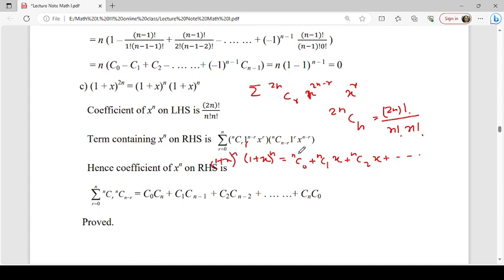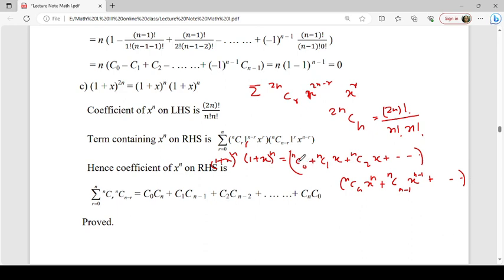So first we can write it as this, into, if we write the last term as the first term, we can write nCn x to the power n plus nC(n minus 1) x to the power n minus 1 plus this. We are writing the last term as the first term.